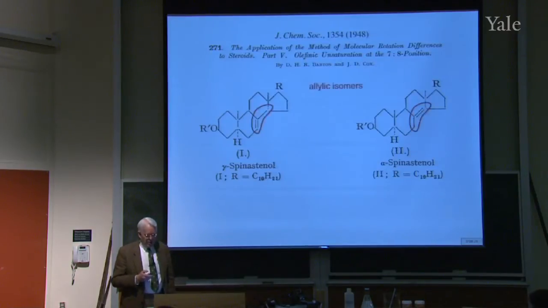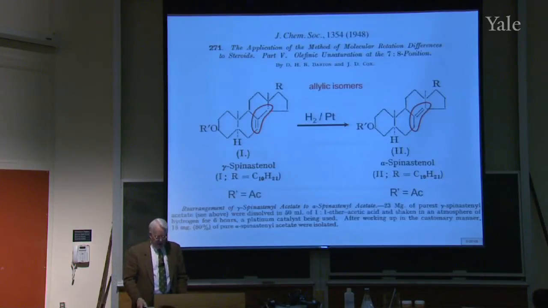Okay, but notice these two compounds are allylic isomers. They only differ in the position of that double bond. There are 3 carbons in a row and a double bond between 2 of them, right? That's an allylic system. So these are isomers where you move a hydrogen from the top to the bottom, and now you have a double bond here and a single bond here. So those are allylic isomers, right?